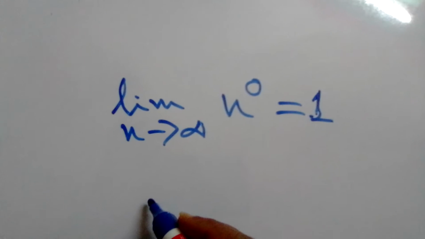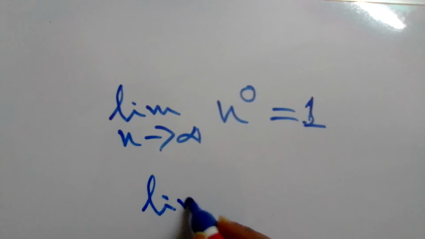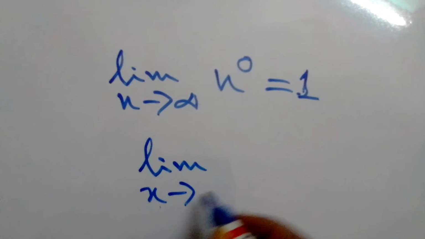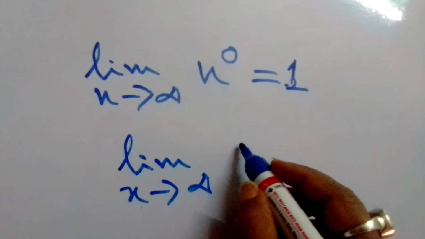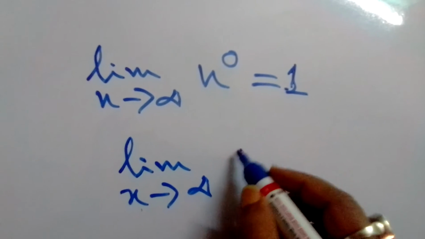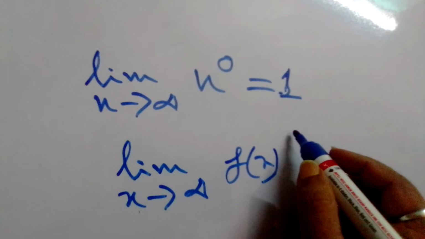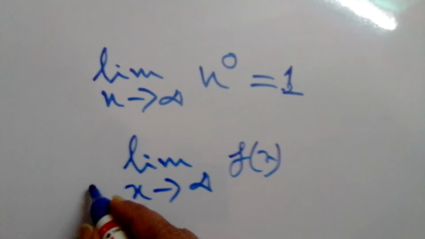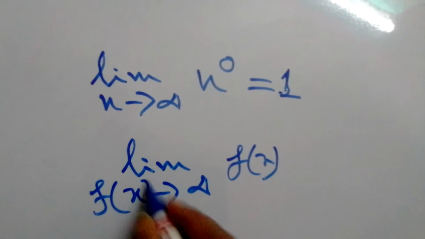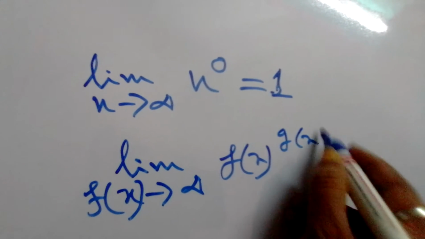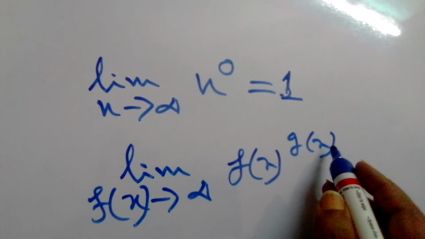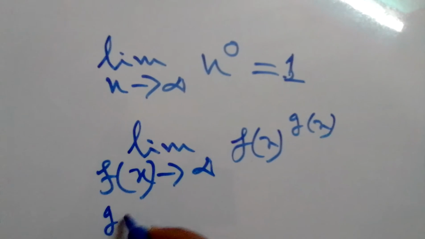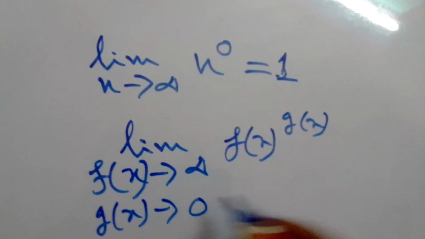And if we say this type of result as limit x tending to infinity, suppose another function f(x) to the power g(x), so f(x) tending to infinity, f(x) to the power g(x), and g(x), that is another function, tending to 0.